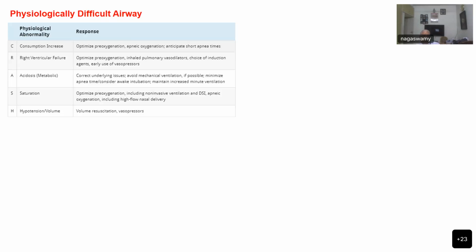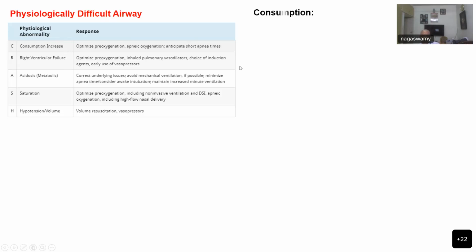In that situation, without correcting the hypoxemia, if you try to intubate, you are definitely likely to cause a bradycardia and arrest in that patient. The same situation will hold good for neonatal and pediatric cases also. So these two conditions also you can include into this category of pathological conditions where consumption is increased.